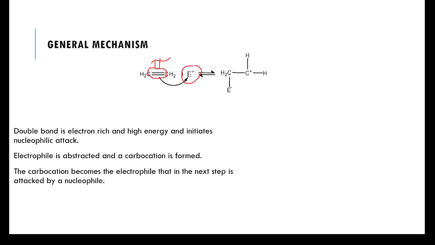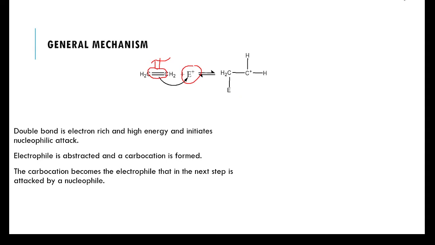We'll talk about that. It's known as Markovnikov's rule, where the electrophile will attach to the more hydrogen-substituted carbon, leaving the more alkyl-substituted carbon to make the carbocation.